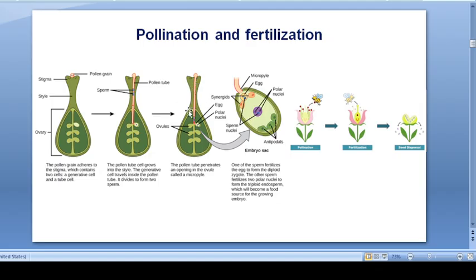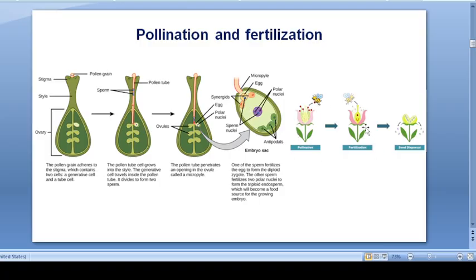You will be aware how the male and female gametes will fuse and how it will divide into synergids. These two are egg cells, and the ovules will have nuclei, and the polar nuclei and egg cells will be there. Then it will divide into different sections, and after the process is over, pollination will occur.